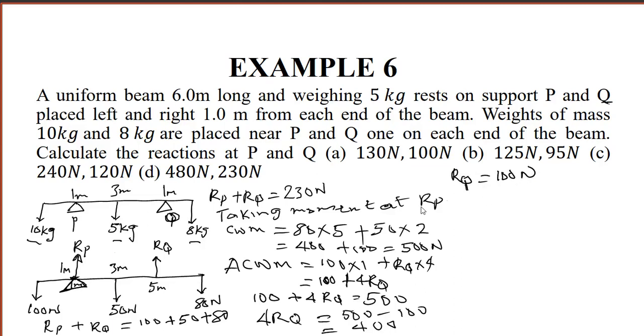Now remember our equation 1 that Rp plus Rq is equal to 230. Equation 1. So now that we know that Rq is 100, that will be 100 plus Rp, that will be 230.